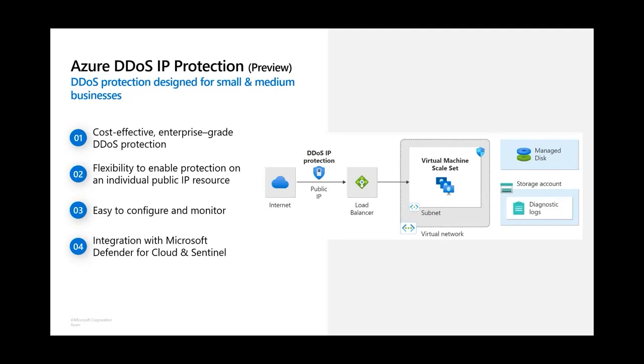And the difference is mainly that instead of creating a plan and associating that plan to the VNets that you want to protect, you are going to protect specific IP addresses. So instead of paying the amount you would pay for the network protection plan, you would pay per IP protected.